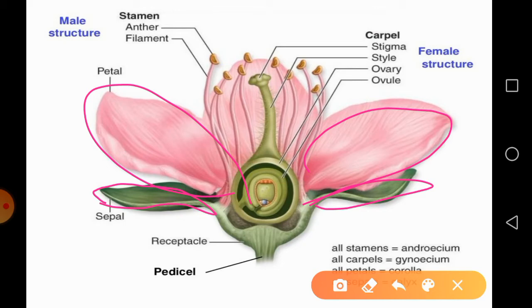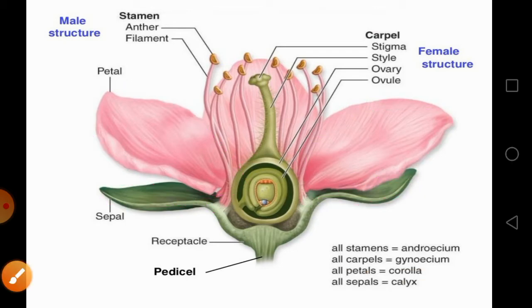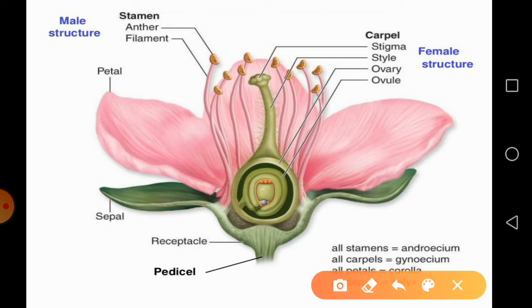corolla. Then the third one is the androecium, also called the male whorl. The male whorl, or androecium, is the collection of male parts called stamens. Here you can see these are the stamens. The individual one is a stamen, together called the androecium. This stamen is again divided into two parts.